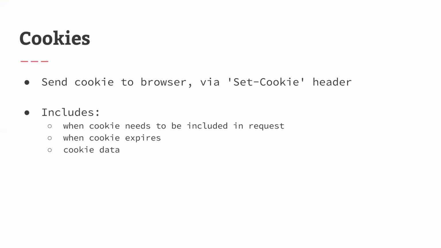So cookies are how Amazon knows that it's you when you come back. When you visited Amazon, when you typed Amazon.com, when it sent you the data, it sent a cookie to identify you as being you.